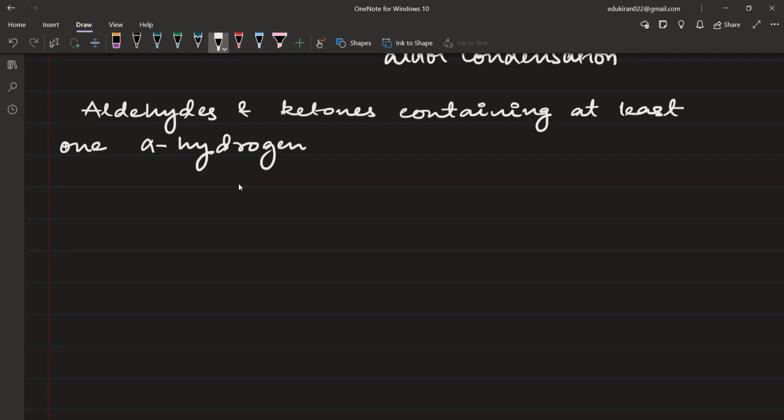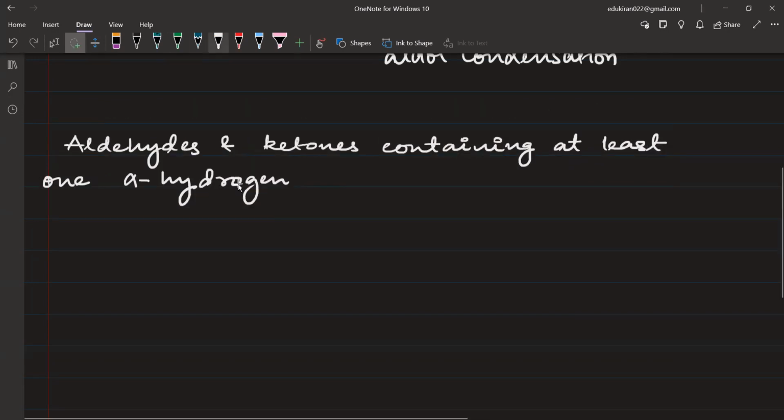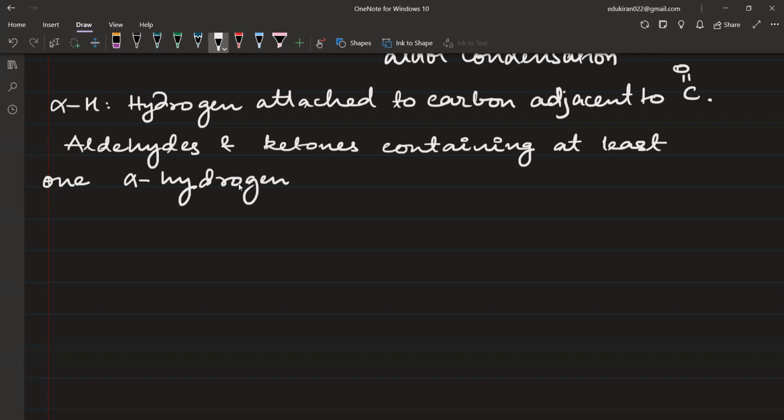All of you understand now what is alpha hydrogen? Write it down if you find some space. The hydrogen attached to the carbon adjacent to the C double bond O, that is alpha hydrogen.